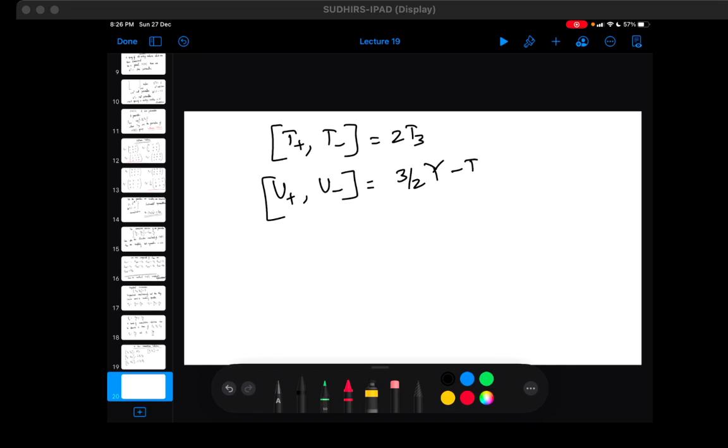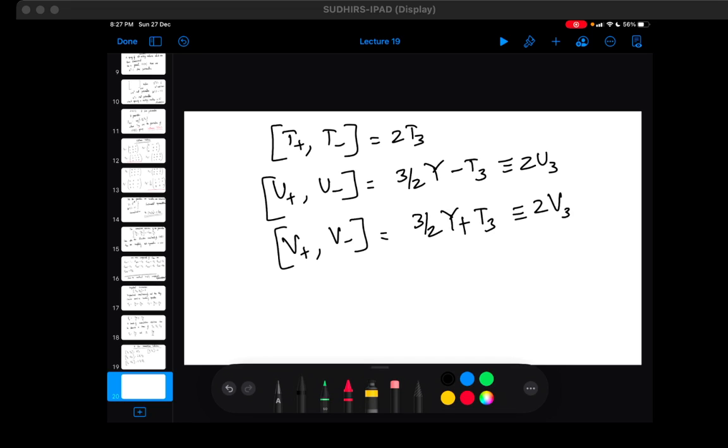Sometimes you can call this 2U3, which is T3 minus 3 by 2 Y. Again, the V plus V minus commutator is also non-zero, which is 3 by 2 Y plus T3. Sometimes you call it 2V3 in notation.